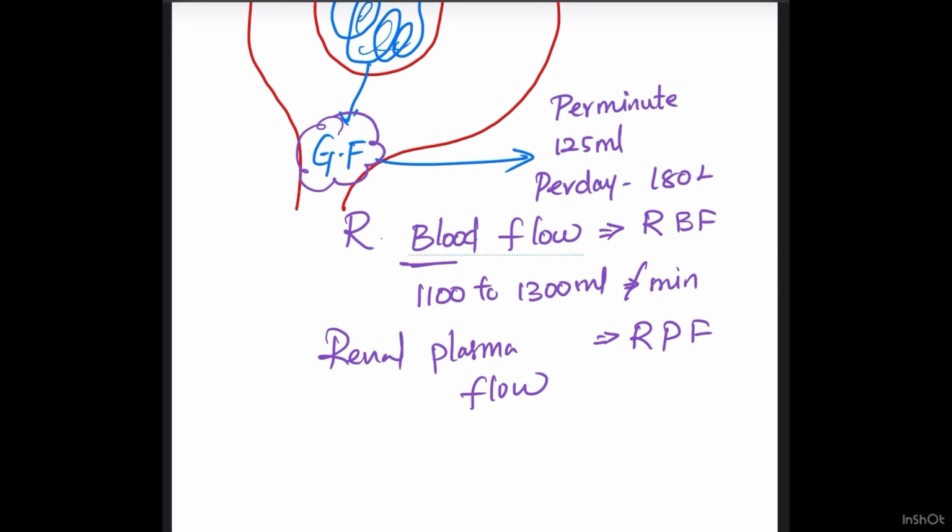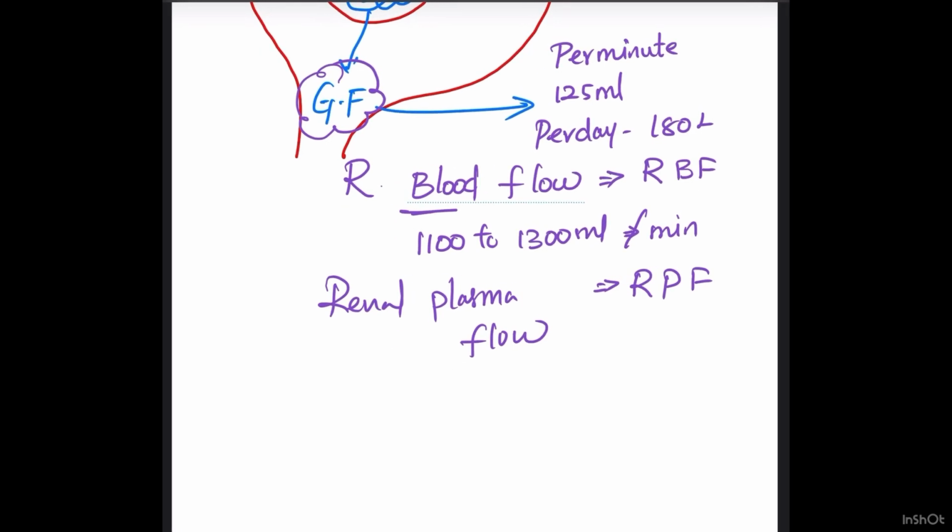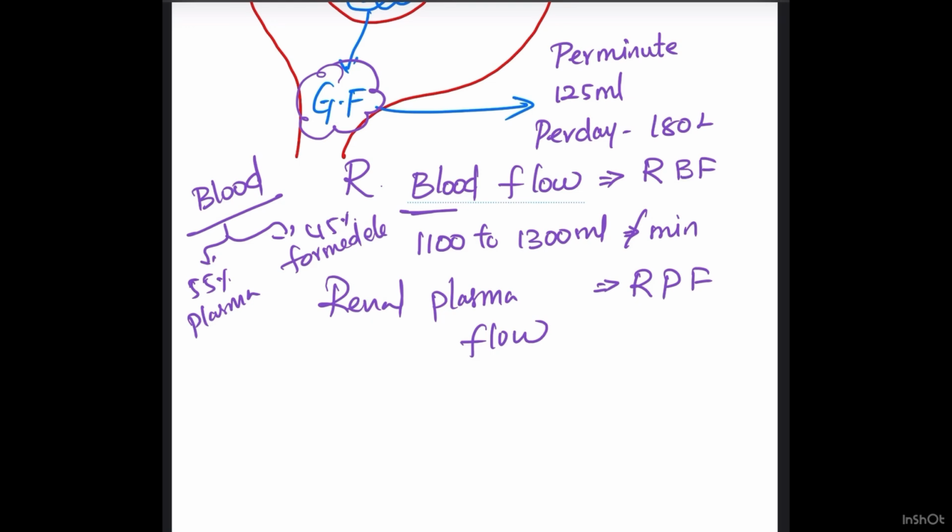We know that total blood consists of 55% plasma and 45% formed elements, as we already studied in the circulatory system.